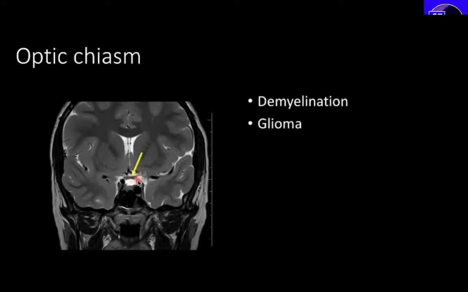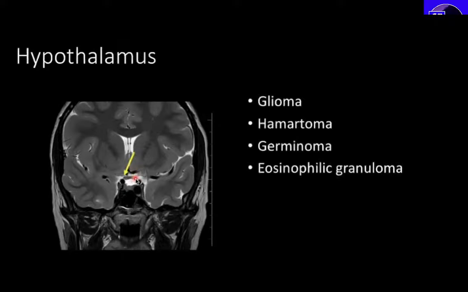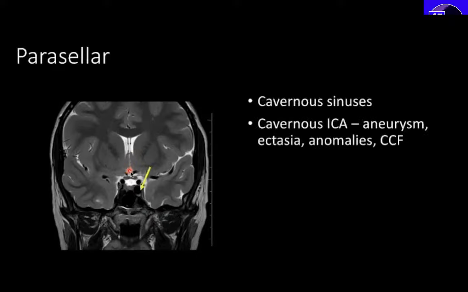Or if the lesion is centered in the region of the optic chiasm or in the suprasellar cistern, then these differentials should be considered. Superior to the optic chiasm, we will see the region of the hypothalamus. Lesions involving the hypothalamus are the opticochiasmatic or hypothalamic gliomas, hamartomas, germinomas, eosinophilic granulomas, etc.